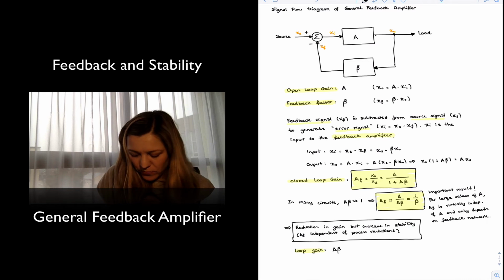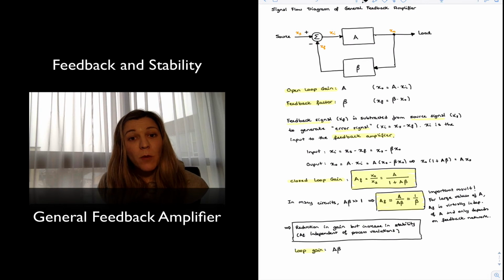And then the term 1 plus A beta also receives a special name. And the reason for that is that it's going to appear over and over again. It's called the amount of feedback, because as we will see, it is the amount by which the gain gets decreased, is the amount by which the input or output resistances get increased or decreased, is the amount by which the gain becomes desensitized, etc., as we apply feedback.